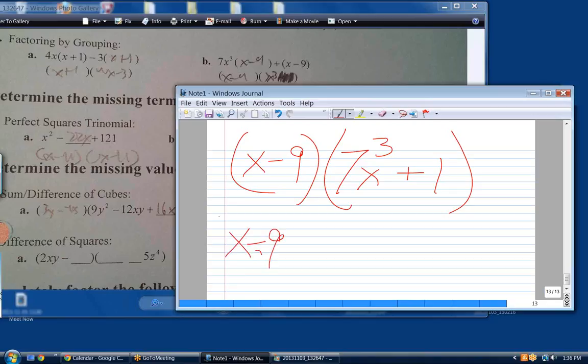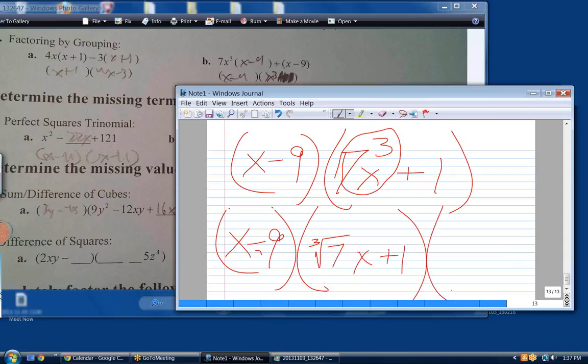Let me tell you what my answer would be here. The first term is going to be the cube root of that. So you could write the cube root of 7 times x plus 1, times the cube root of 7 squared, which is 7 to the 2/3, x minus a times b, which is 7 to the 1/3, plus 1.